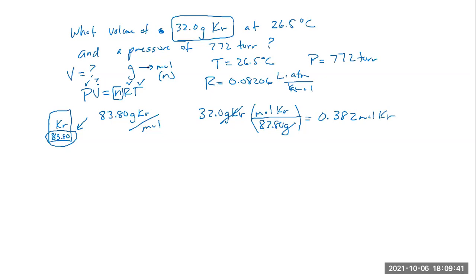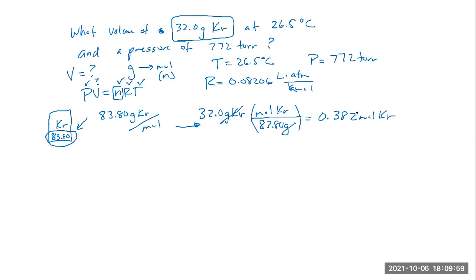So now that we converted it into moles, we have the moles that we need. We still need to do a couple other things on this one. But again, a reminder, this is out of chapter 7, converting grams to moles using the molar mass. It's a really important thing to know how to do.